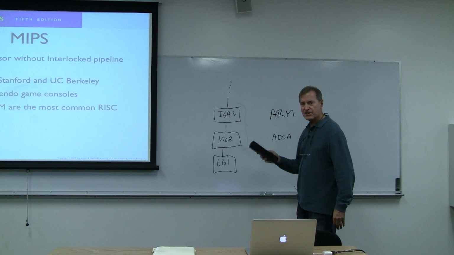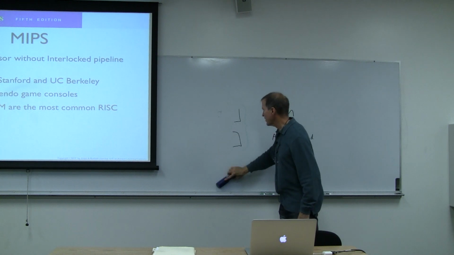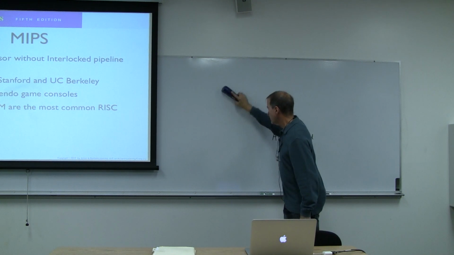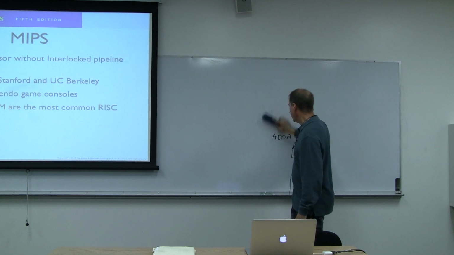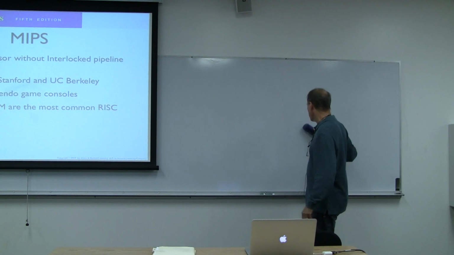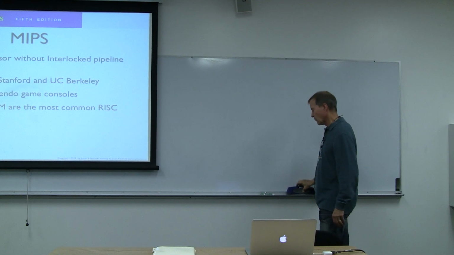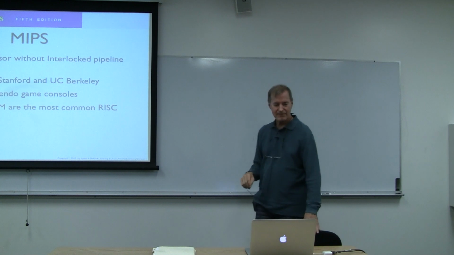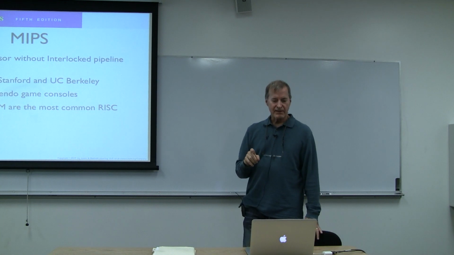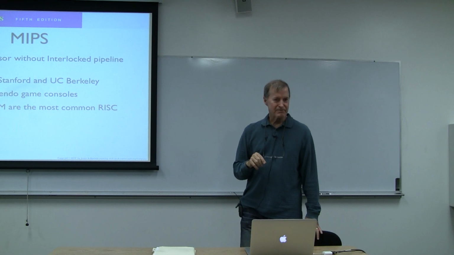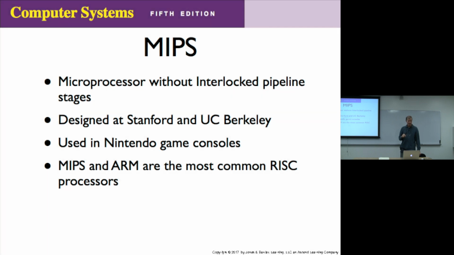Now here's another interesting thing we're going to do. As an example of a RISC machine, we're going to learn a new chip. Well, it's not new to us. It's called the MIPS chip. MIPS stands for Microprocessor Without Interlocked Pipeline Stages.